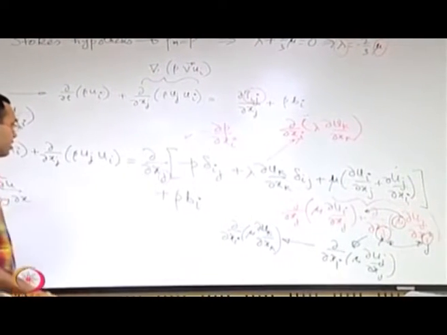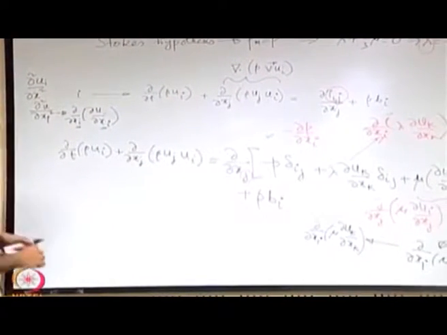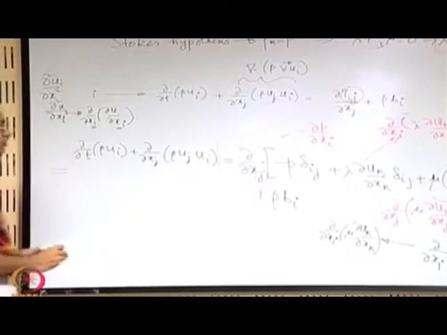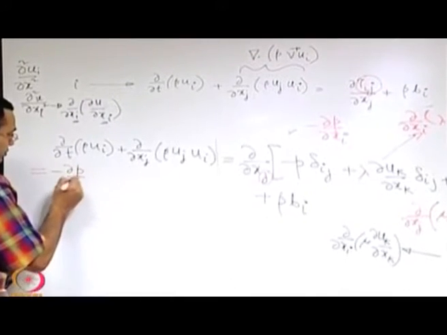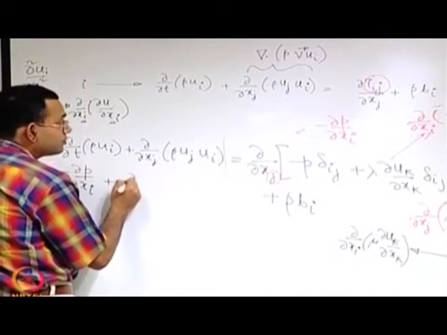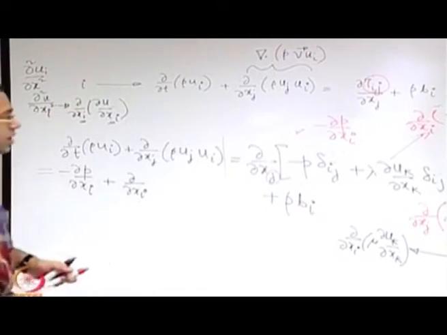That means what you get in the right hand side, let us therefore write the right hand side. So this is equal to minus... so you may club two terms, which terms?